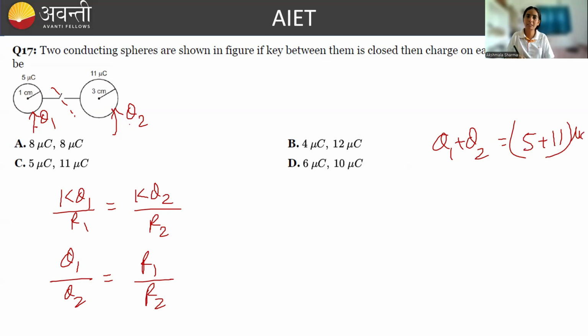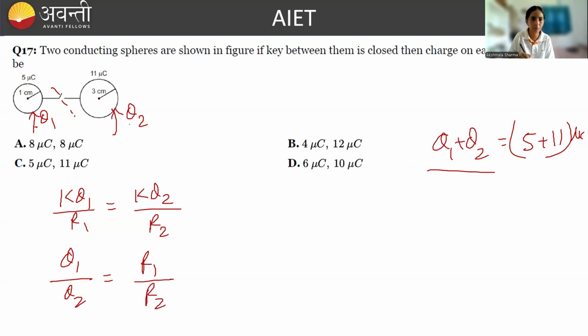Why? Because initially the first has 5 microcoulomb charge, the second has 11 microcoulomb charge. So this charge is not going to leave these two spheres. It will keep moving in between, right? It is not going to leave the system of these two spheres. So finally also the sum is going to be 16 microcoulomb.